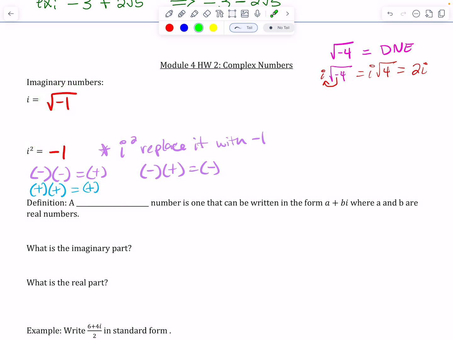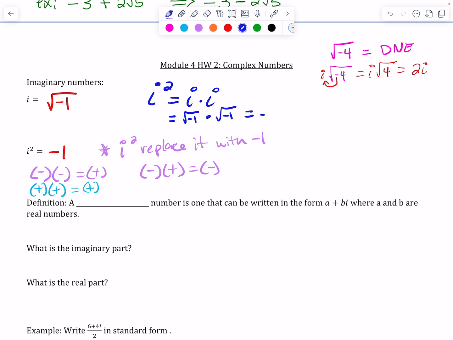Now, when we see I squared, that's the same as I times I, and we know that I is the square root of negative 1, so we have the square root of negative 1 times the square root of negative 1, and we've talked about anytime you have a radical multiplied by itself, it equals what's underneath that radical.